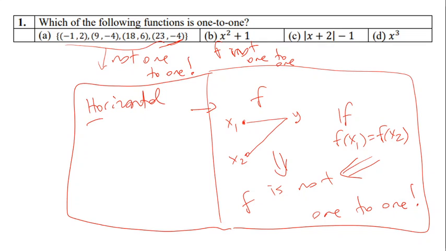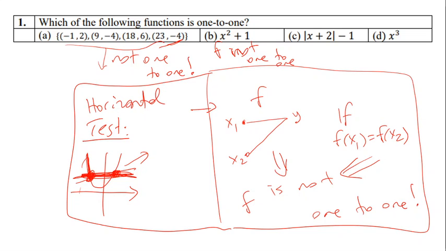It tells us this: if you make the graph of this function, and you can find a horizontal line that passes through the function graph at 2 points, then f is not one-to-one.